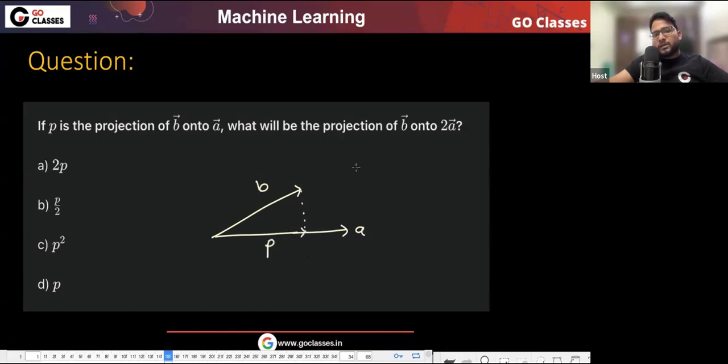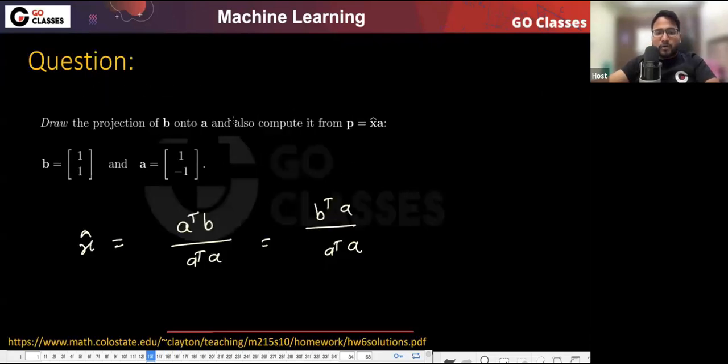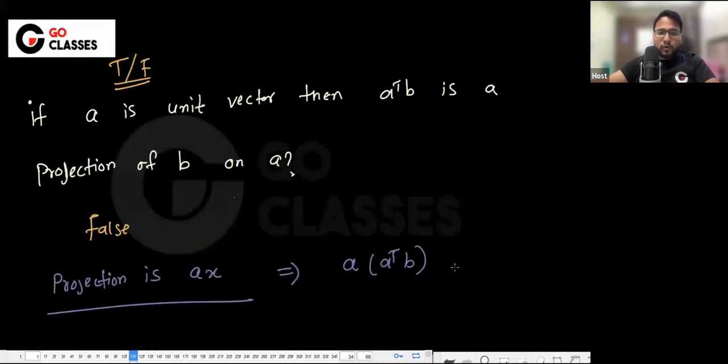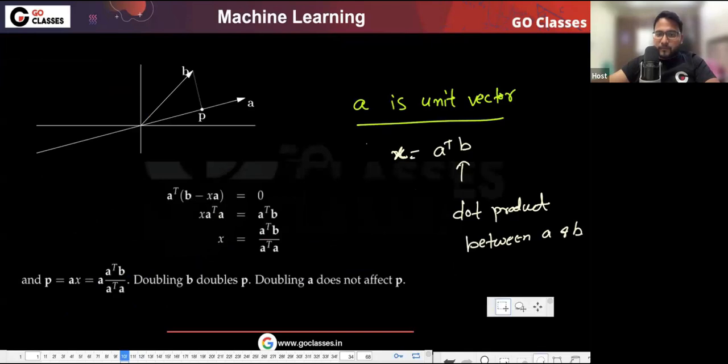Now suppose they say that if you double A, then it will still remain P, right? Geometrically you might see it, but mathematically also, in the projection formula, instead of A, you can just put 2A.